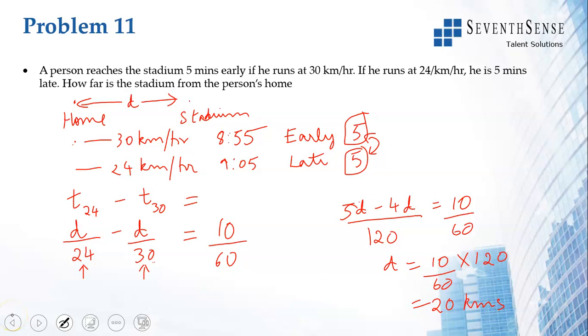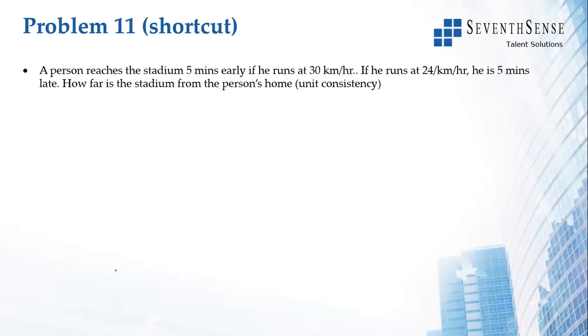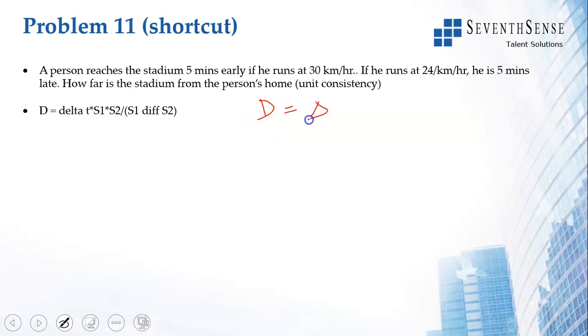Let's look at the next question. We'll probably solve this using the formula approach. Or rather, the same question. Let's look at it, how we can solve it using the formula approach. Formula is this. The distance d is equal to the difference in time, delta t, into the two speeds s1, s2 by s1 difference s2. So what is delta t?